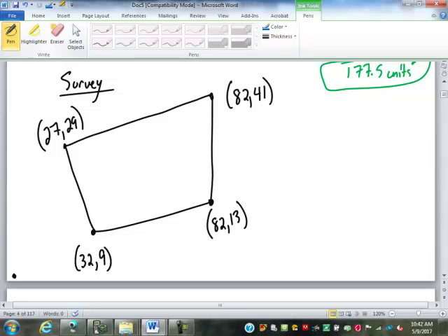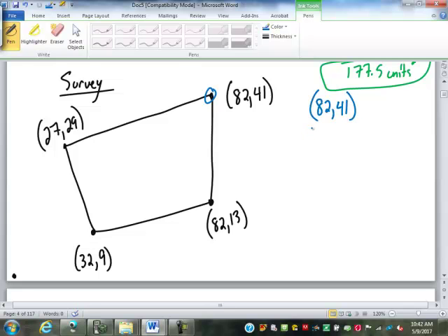So yeah, they use a very finely tuned GPS. That GPS now can be within inches of your coordinates. So you use the GPS to find those coordinates. Now, pick a starting point. 82, 41.